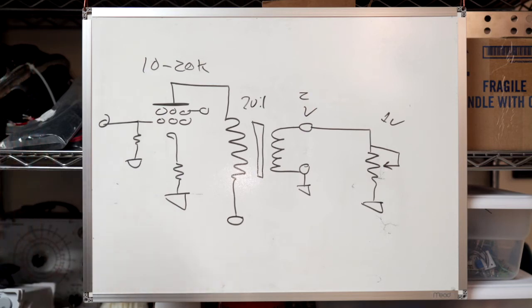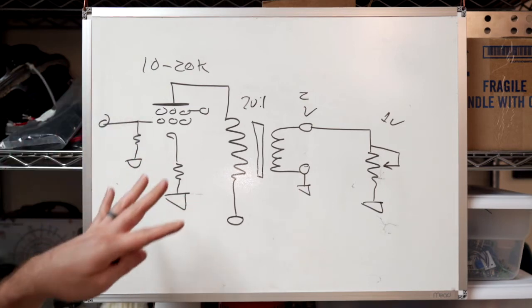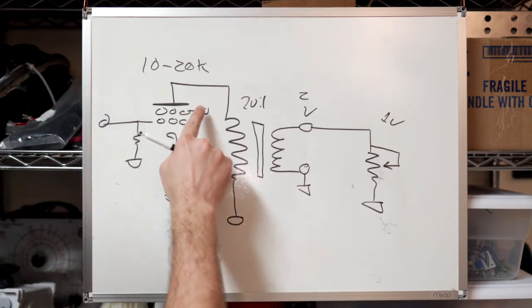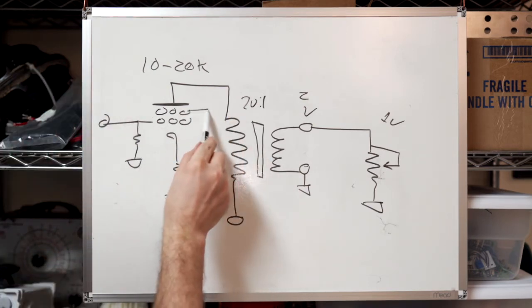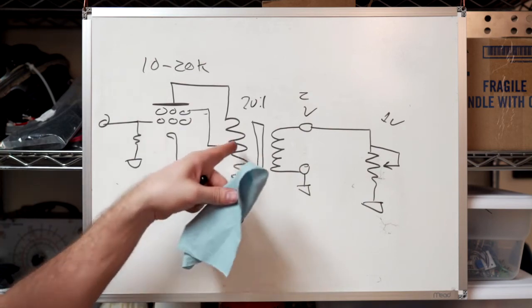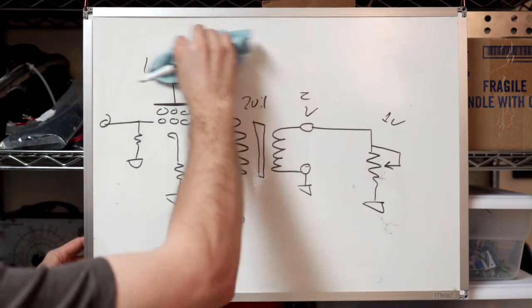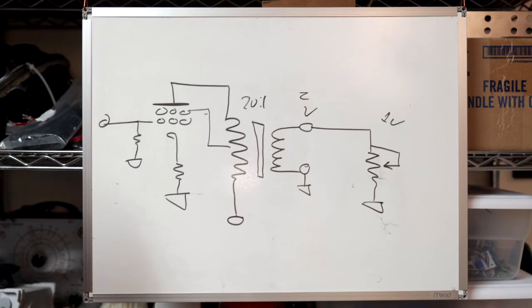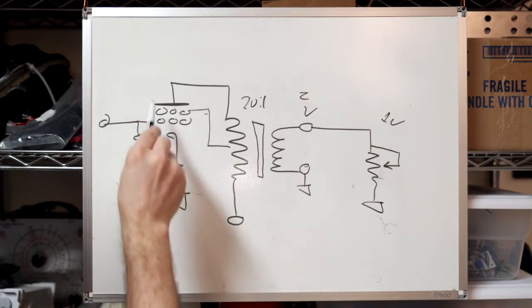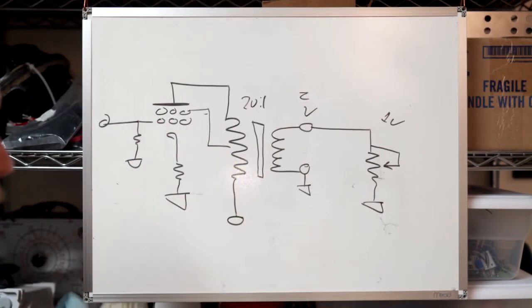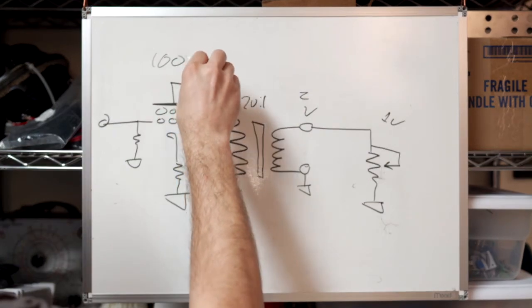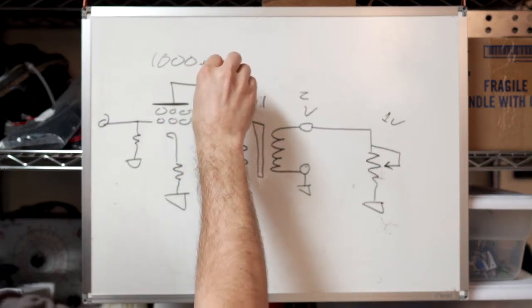And so that can be a big difference. Also, you could run it in ultralinear, which is like this, where you take like a 40% tap, and that's going to split the difference between a triode and a pentode output impedance, maybe in the 1,000 ohm range or something like that, right?